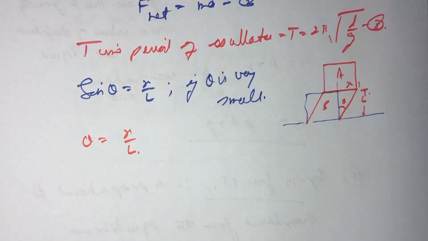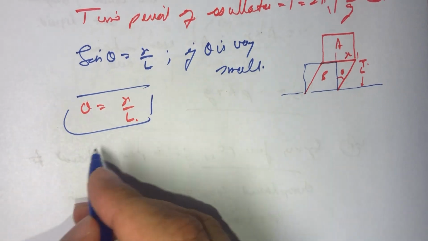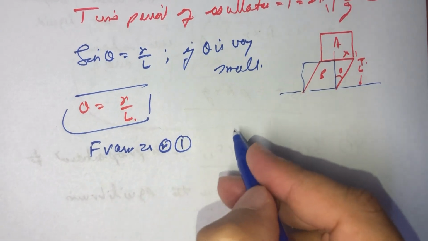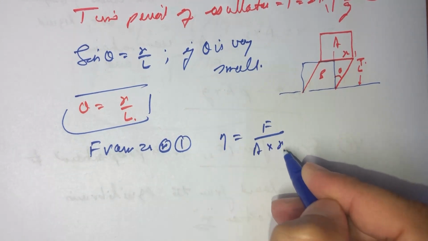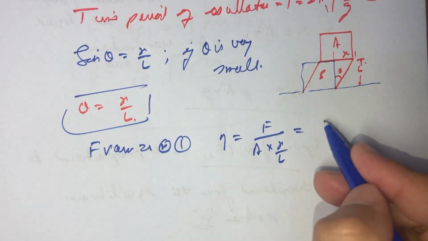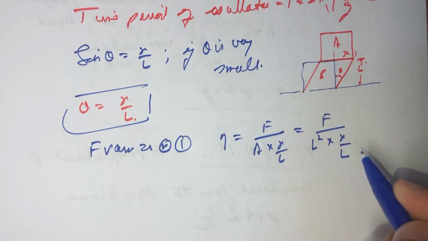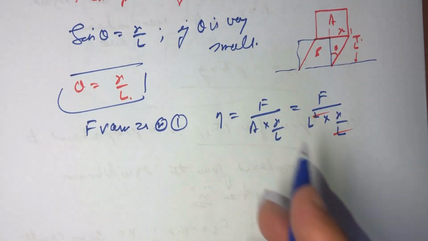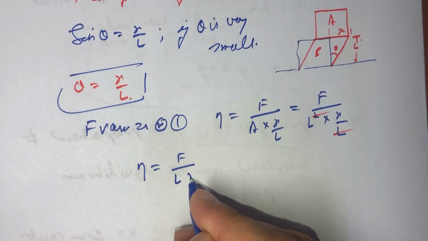Therefore, we use equation 1 and substitute the value of theta. From equation 1 we get nu is equal to F upon A multiplied by x upon L, and we get F upon area, which is L square, multiplied by x upon L. This L and L cancel out, so we get nu is equal to F upon Lx.